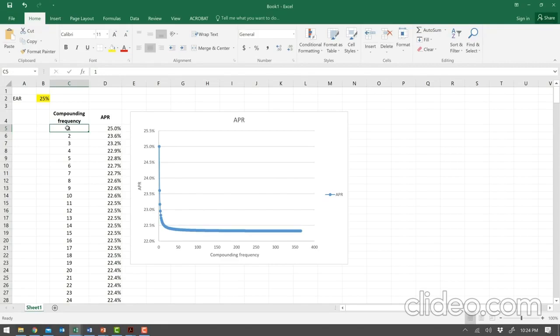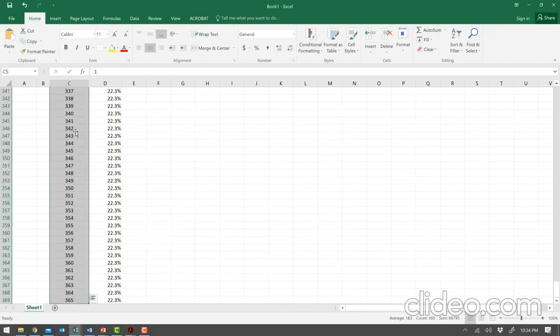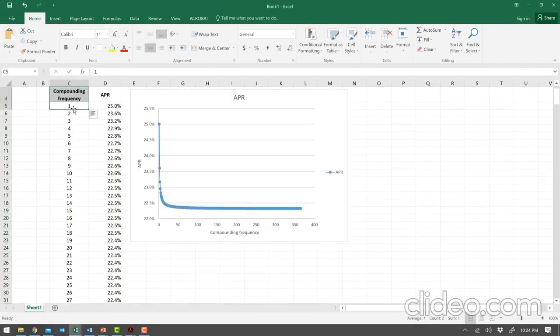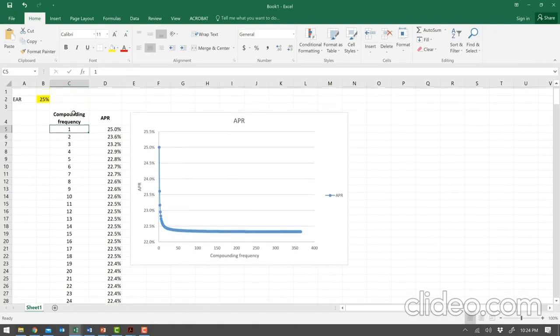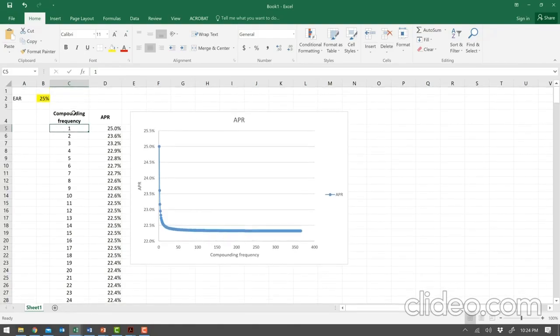Let's generalize this result. Here, I have created an array that denotes the frequency of compounding from 1 all the way to 365. 1 corresponds to annual compounding, and 365 corresponds to daily compounding. Now, for each of these intervals, I will compute APR.